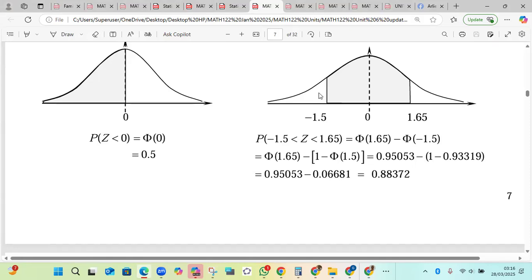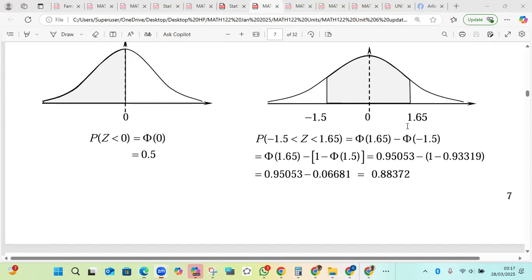So phi of negative 1.5 is this tail. So if we subtract this shaded region, this area here, which is the left tail, a tail nonetheless, from that big chunk, which is phi of 1.65, the remainder will be the area between negative 1.5 and 1.65.